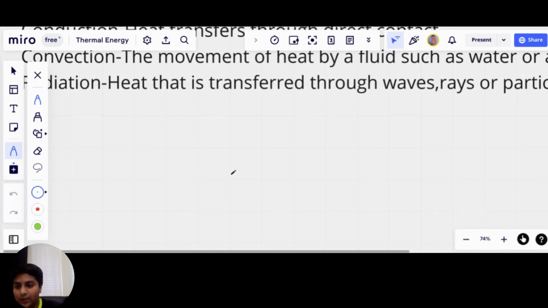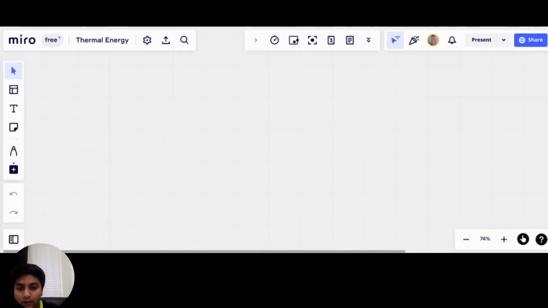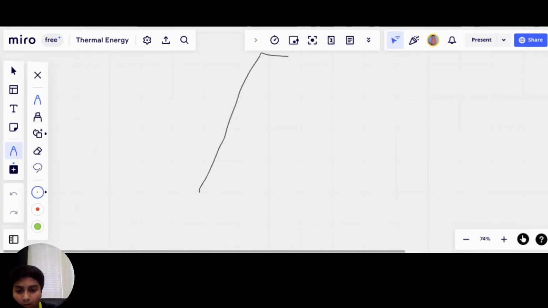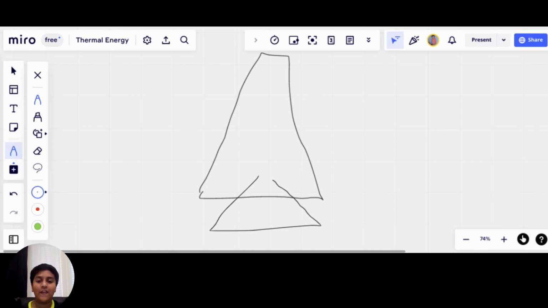So first, let me scroll down a little and draw my lava lamp. Okay, so this is my lava lamp. Like I said, no judgments on my drawing. Over here, we have a light bulb.